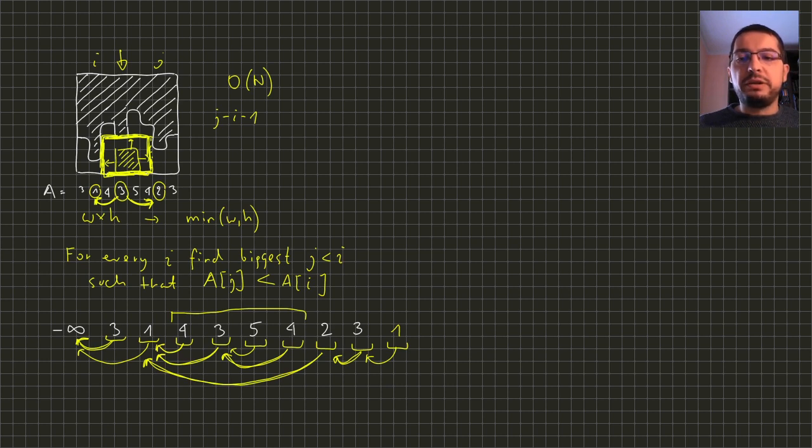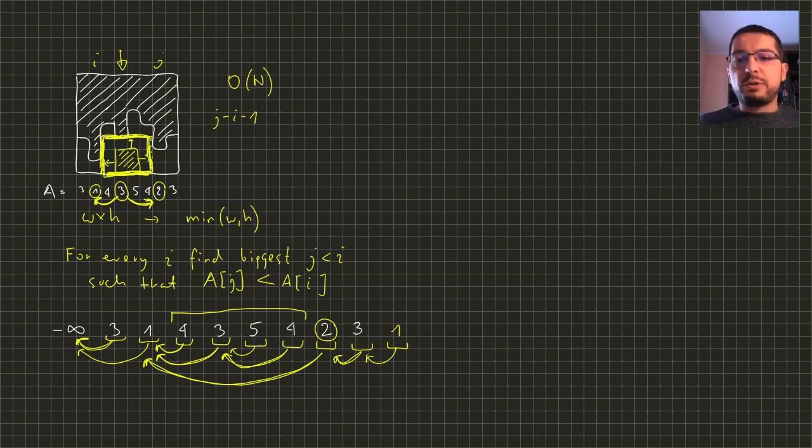Why do we know that these are not good answers for the column 1? Well, we know that these were not good answers for the column 2. So these were not smaller than 2, and then they will definitely not be smaller than 1. So we can just ignore them.